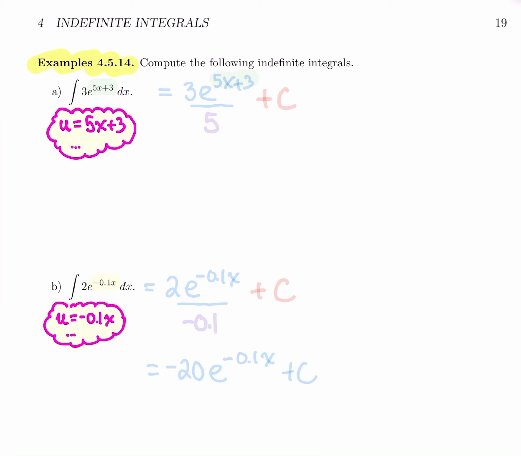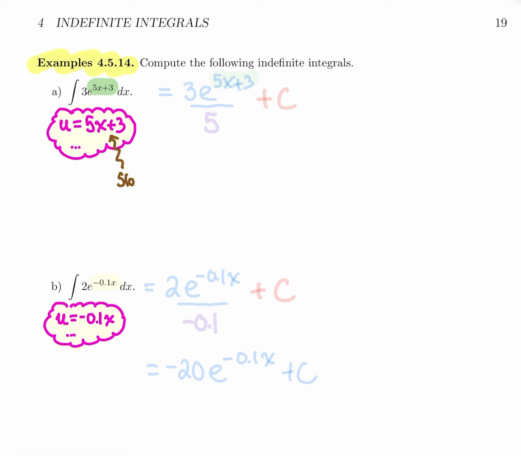So for example, suppose I want to integrate 3 times e to the power of 5x plus 3. Here I see that my u substitution, the choice for u, would be my exponent, which is 5x plus 3, because I know the integral of e^u is e^u. This is a linear function and the slope is 5.